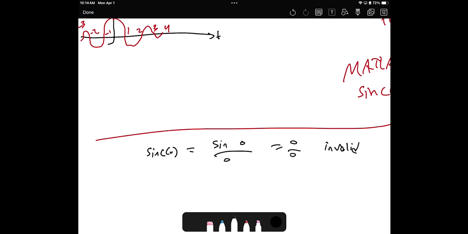How to find sine x over x? Basically we need to find the limit of sine x over x such that x goes to 0. How to find this? Yes, exactly.